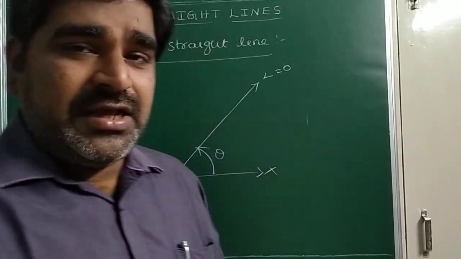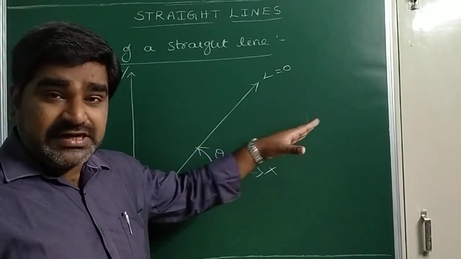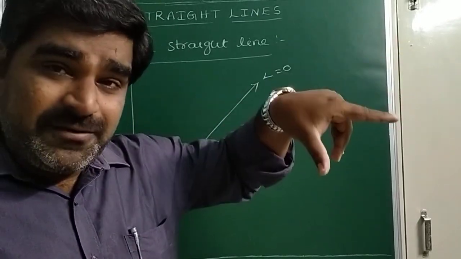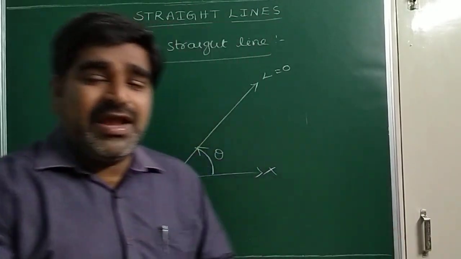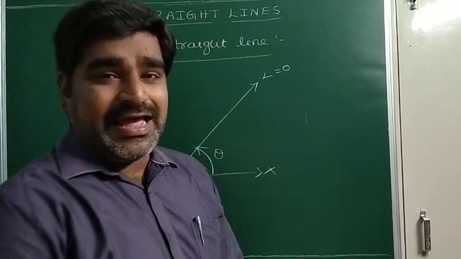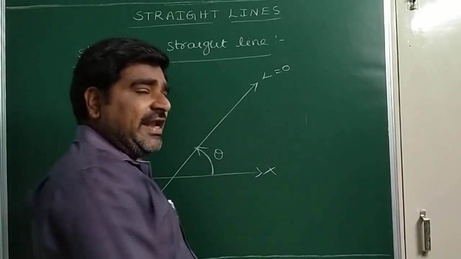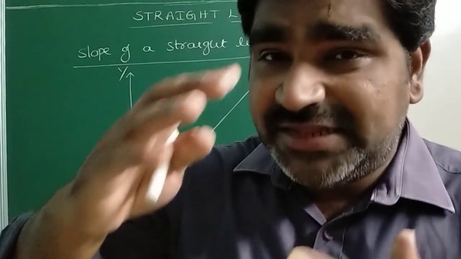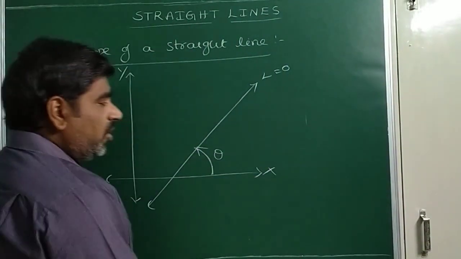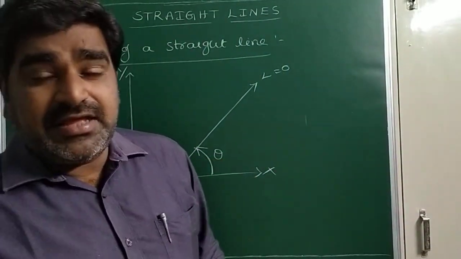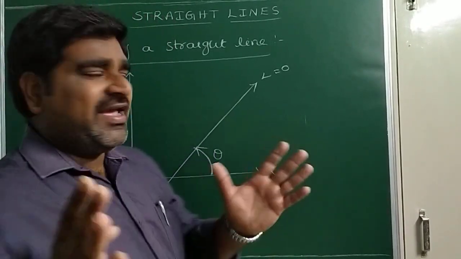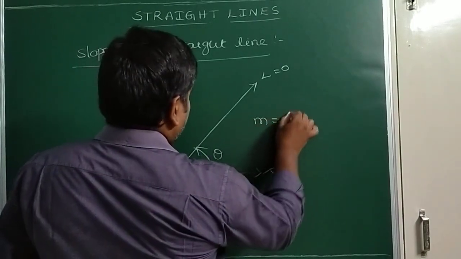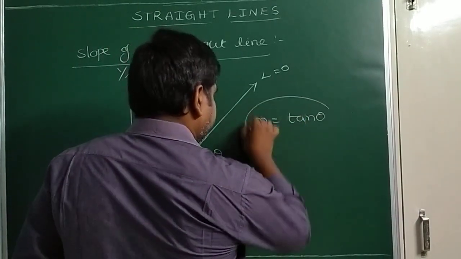If theta is the inclination of a line, then the slope of this line L equals 0 is denoted by m. Slope is usually denoted by the small letter m, and it is defined as tan theta. So m is equal to tan theta.